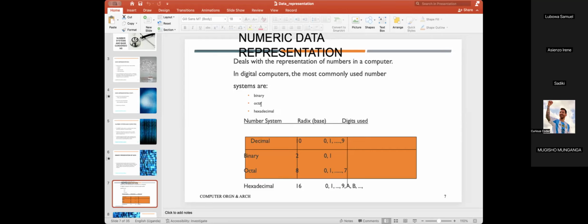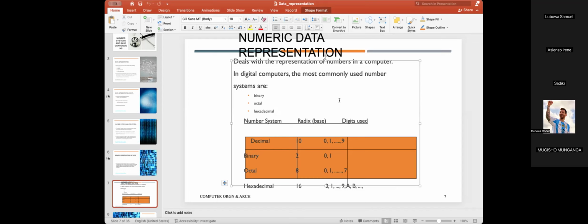As you can see down here, we have the number systems, their base, and how they are used. Binary is base 2, because the word bi in most cases means 2, and when you talk about decimal, we are referring to base 10.